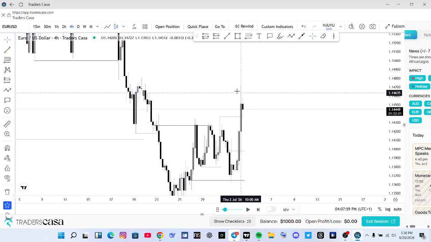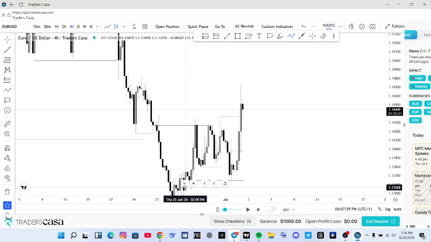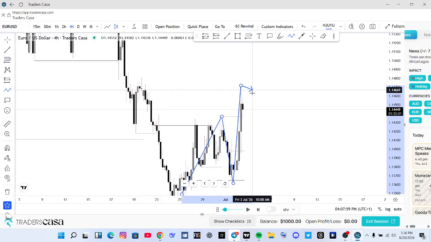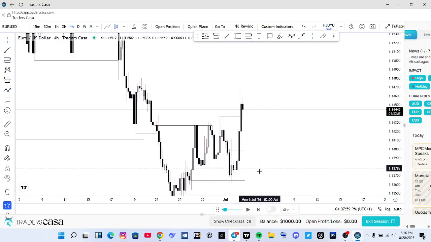But since price is at that zone, and we have a new structure, look at the new structure we have here, a high, a low, high. So this zone here might want to push price downward, and this new structure might just be a retracement.